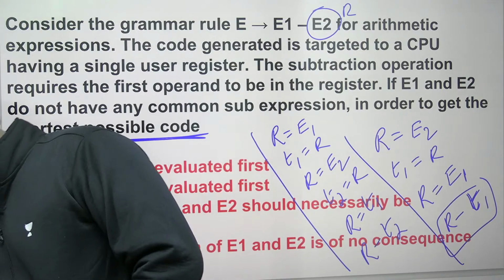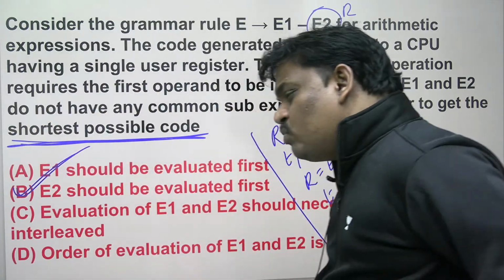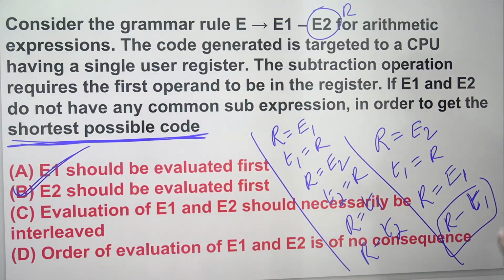Whatever he didn't mention, why should we bother? See the line that is given: the code generated is targeted to a CPU having a single user register. He already mentioned it, right? Two registers are not required.